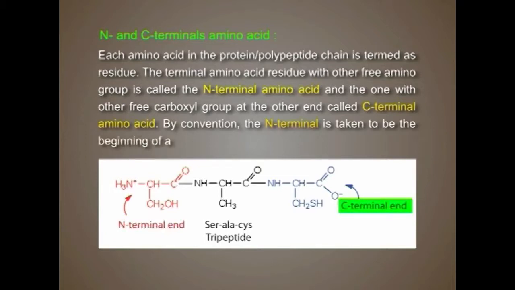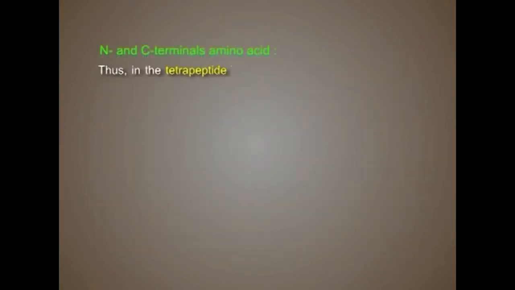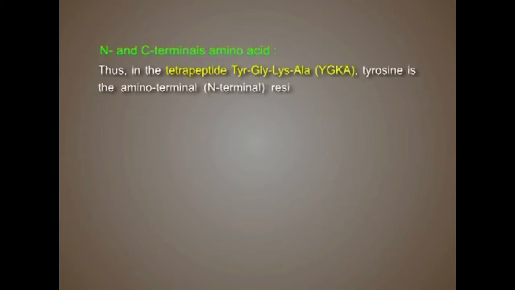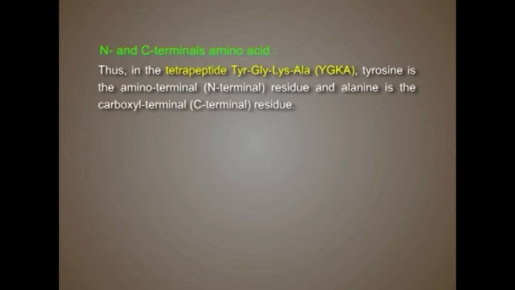By convention, the N-terminal is taken to be the beginning of the polypeptide chain. Thus, in the tetrapeptide tyrosine, glycine, lysine and alanine, tyrosine is the amino terminal residue and alanine is the carboxyl terminal residue.